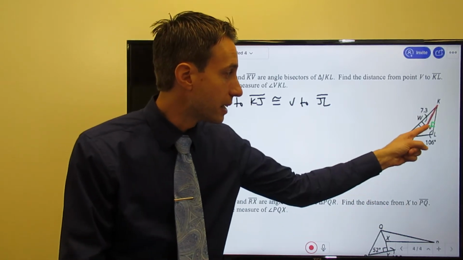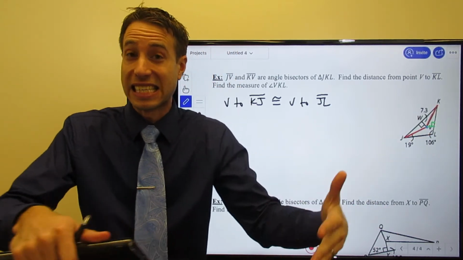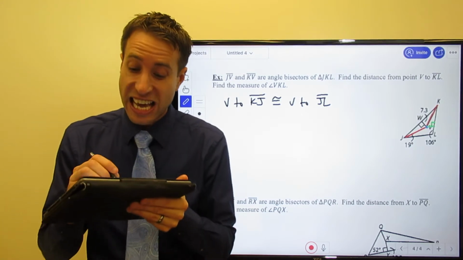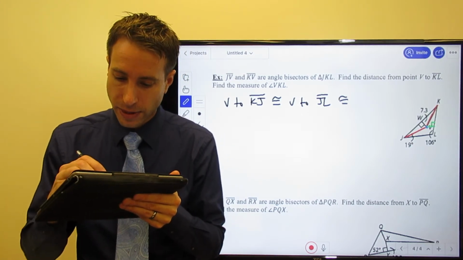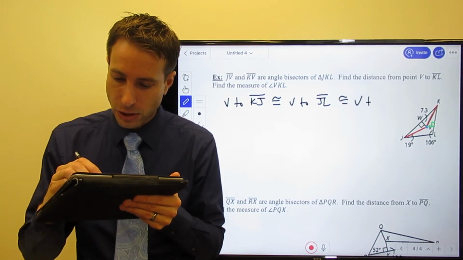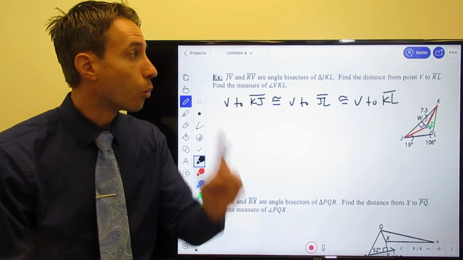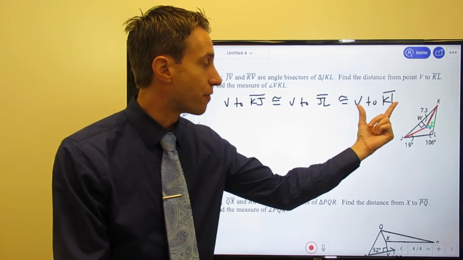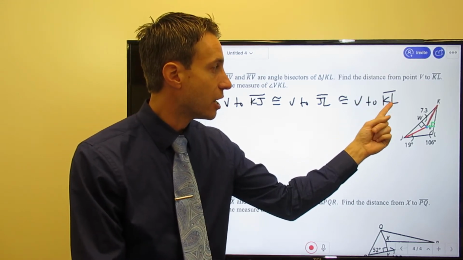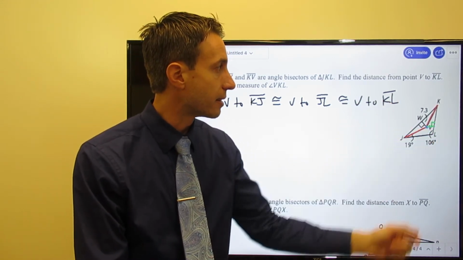Because the in-center is equidistant from all the sides, that is congruent to the distance from V to side KL, which turns out is what they want you to find. What is the distance from V to side KL? I drew it right there in green.